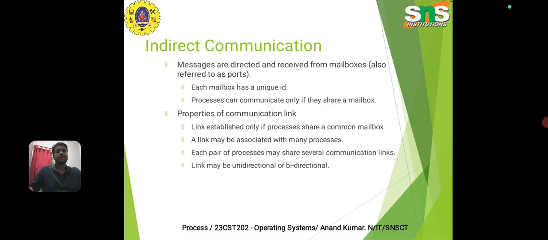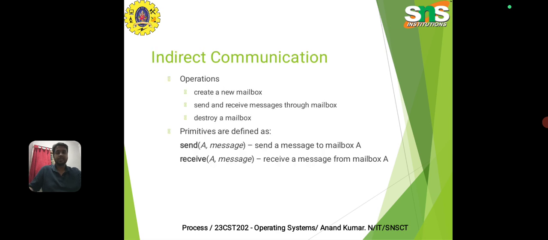A link may be associated with many processes, and each pair of processes may share several communication links. The link may be unidirectional or bidirectional. The operations are: create a new mailbox, send and receive messages through the mailbox, and destroy the mailbox.